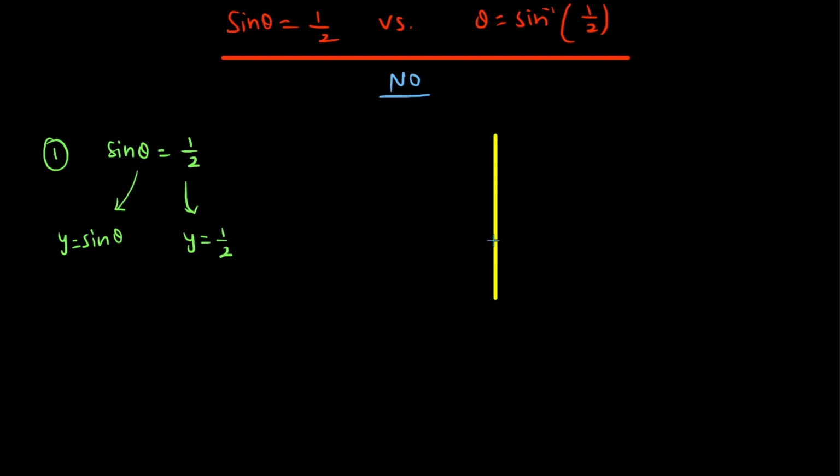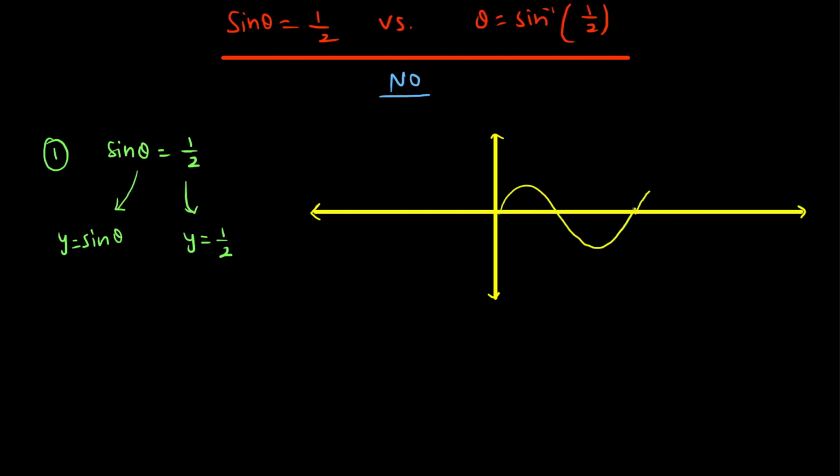So I'm going to make a graph over here of sine theta, and we know that sine theta is a periodic function. So let me draw a rough sketch of this particular graph. So let's say this is one cycle, perhaps this is another cycle, and so on, and this is one cycle towards the left, and so on.